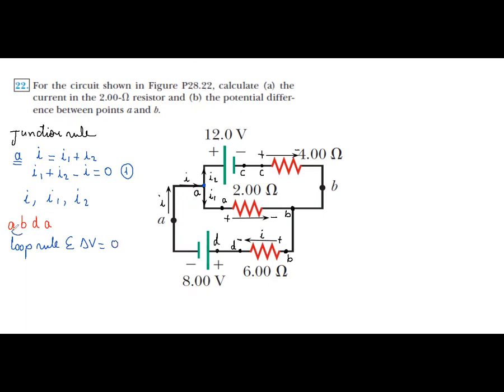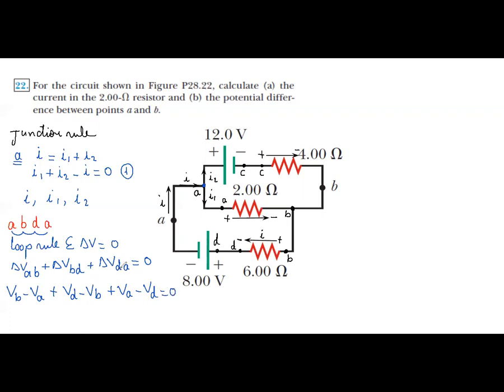We start with delta V AB plus BD plus DA equals 0. Delta V equals V final minus V initial, plus V final minus V initial, plus V final minus V initial, equals 0.